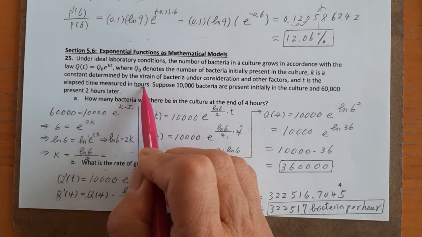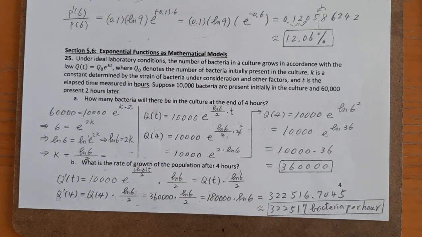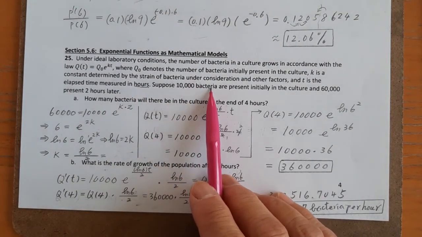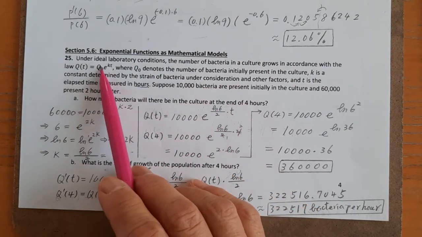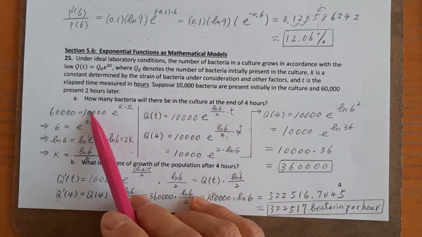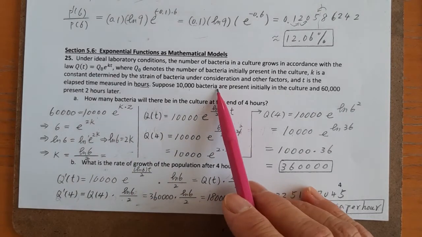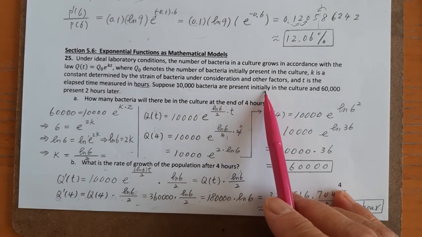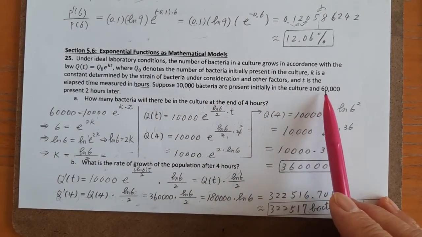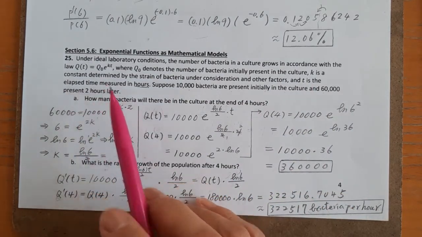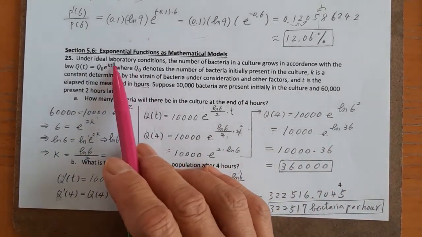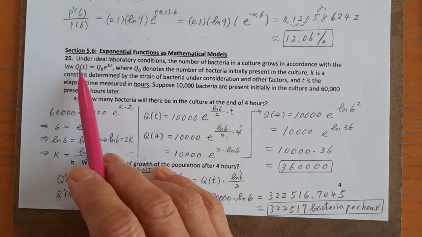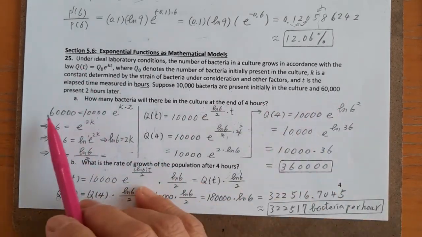Now here it is in hours. Suppose 10,000 bacteria are present initially in the culture, so Q0 is 10,000, and 60,000 are present 2 hours later. So t equals 2, and Q of t after 2 hours is 60,000.